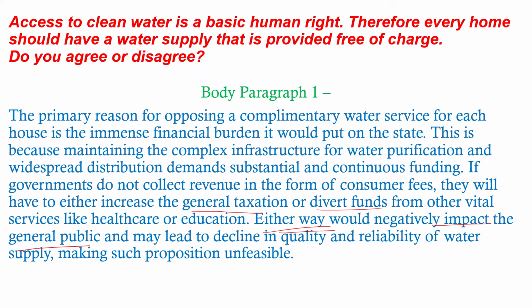On top of that, it may lead to a decline in the quality and reliability of water supply, because the government will not have funds to repair, let's just say, a pipe burst. The government doesn't have funds to repair it, so it will keep on going like that. So there will be wastage of water, or the reliability of the water supply is affected. That's why this proposition or this idea is not feasible.